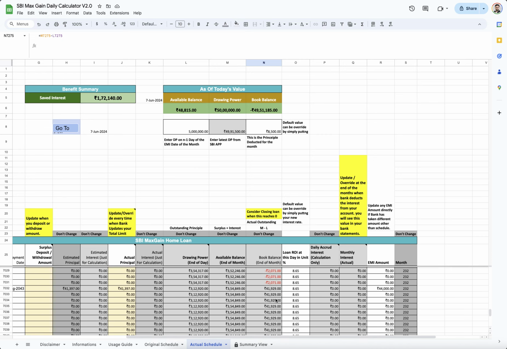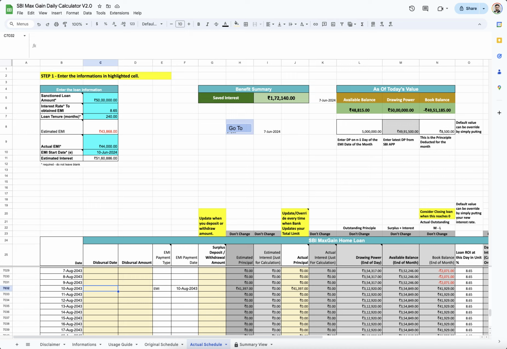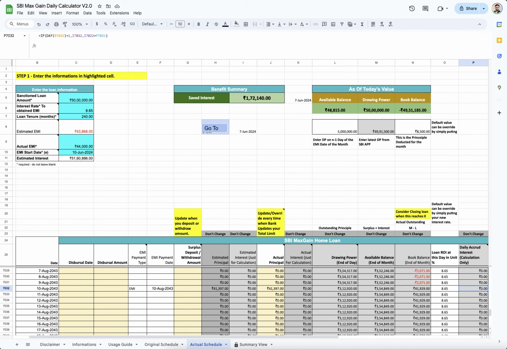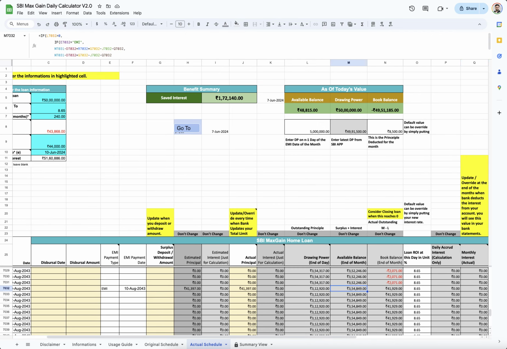Okay, so here is the point. This is called the break-even point, where on this date you are becoming positive. From this point onwards, you are getting into the positive balance.